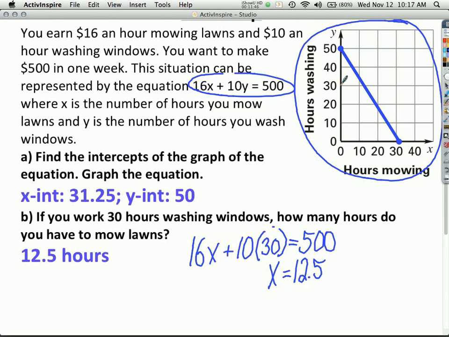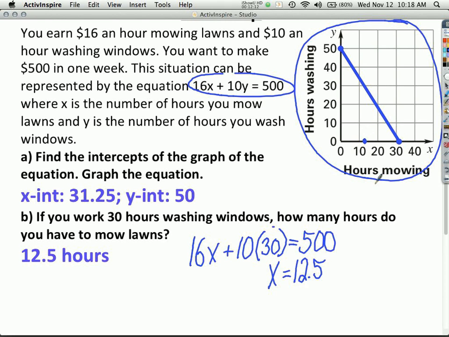So what you're missing is the fact that every point along this line represents a combination of hours washing windows and hours mowing lawns. Each ordered pair represents a combination. And so if he works 30 hours, watch this. Go over here, and now go down.